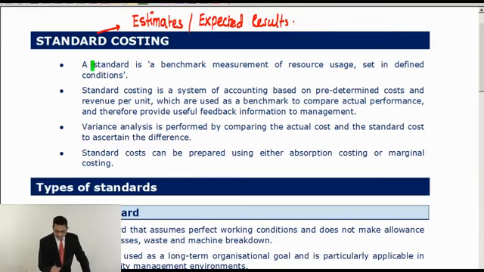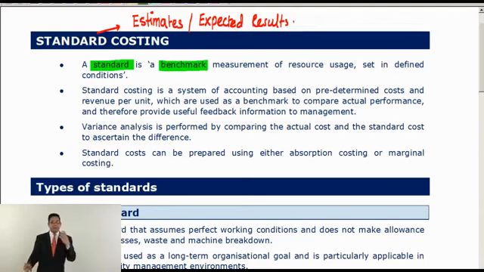A standard is a benchmark measurement of resource usage set in defined conditions, meaning to say that we expect how much of a resource should be used in the product or service. If it's a manufacturing organization, we define an expected benchmark, which is like a target.